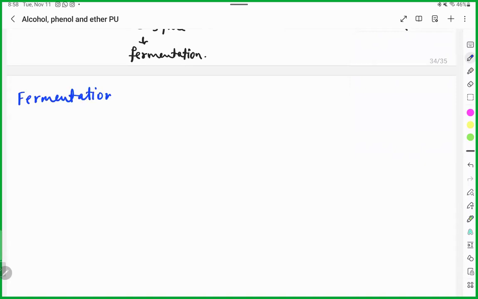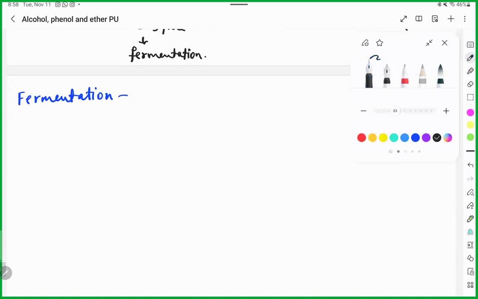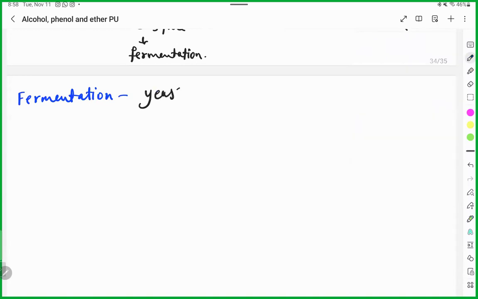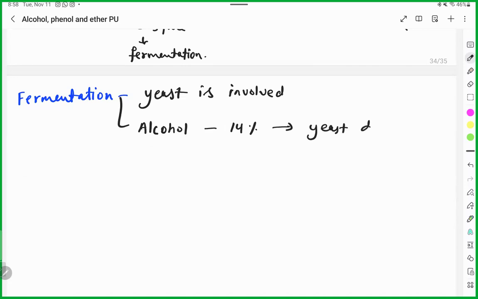Yeast is involved, right? So what happens if the alcohol concentration reaches 13% or 14%? NCERT gives 14%. So what will happen? This yeast will die and no enzyme will be available for the further reaction.